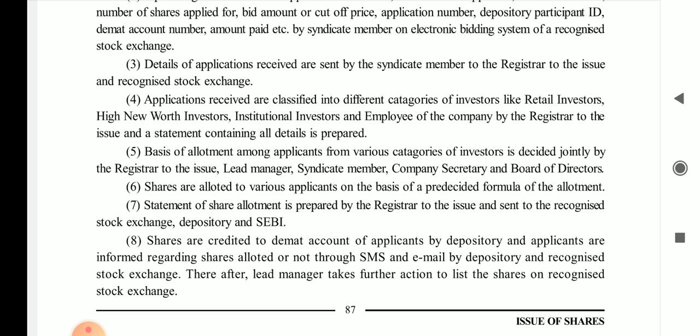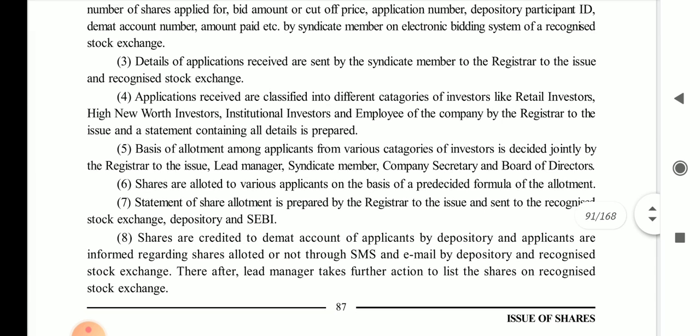Whatever applications the company receives, it will prepare a list for them, for example retail investors, high net worth investors, institutional investors, and company employees, if there are any. All the statements should be prepared by the company secretary.